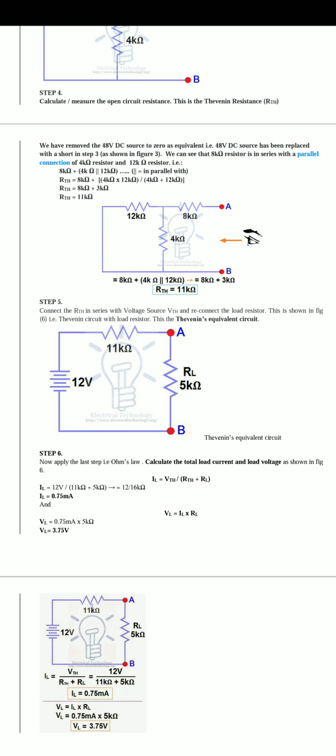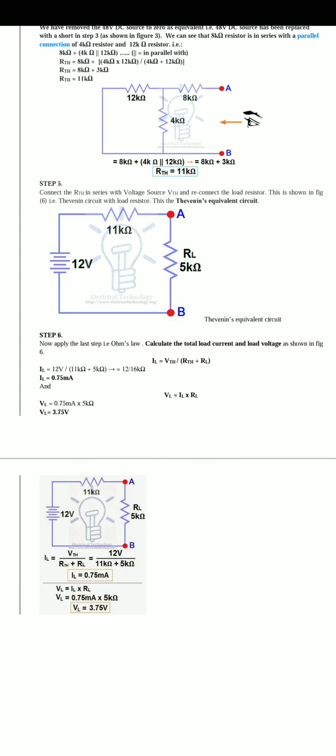Now we can easily find how much current flows in the 5 kilo ohm resistor by using Ohm's law. IL equals V by R, total resistance. V by R equals 0.75 milliamps.